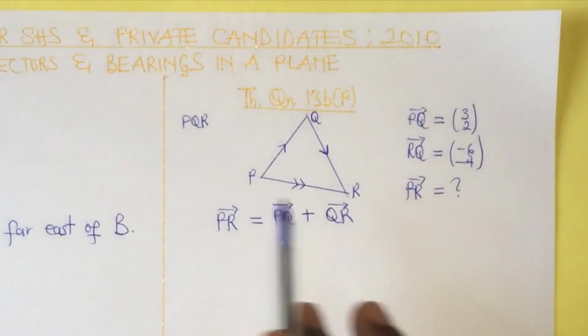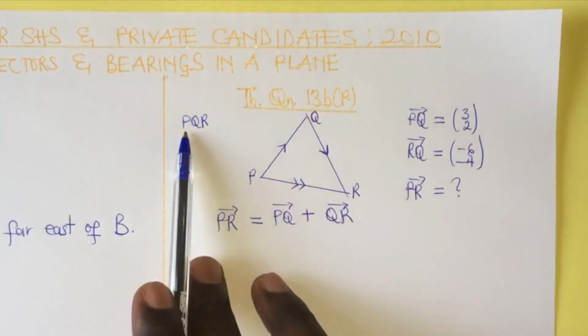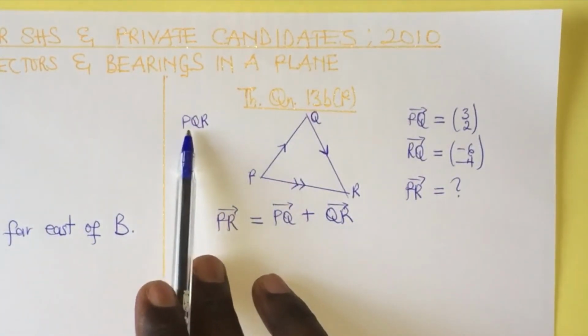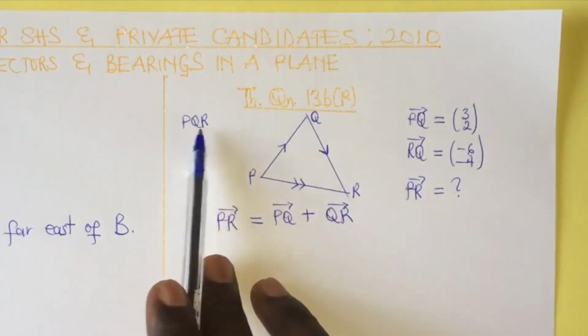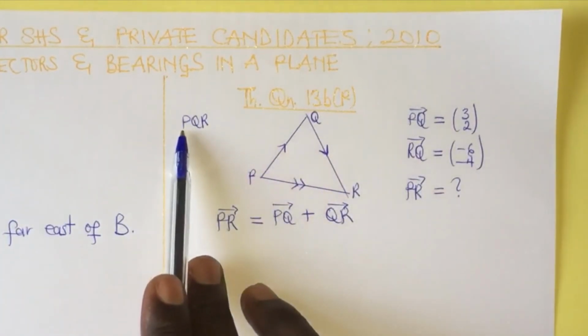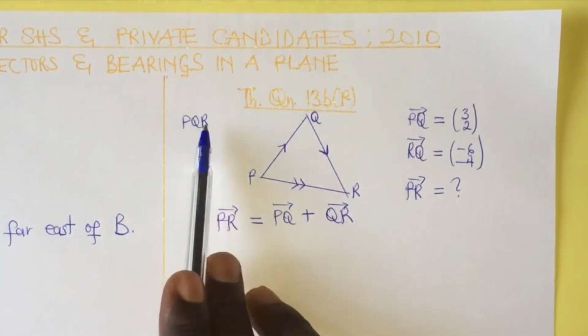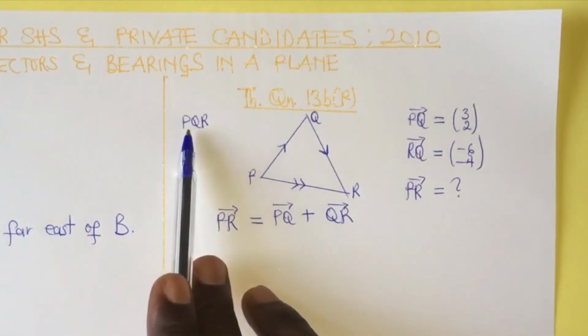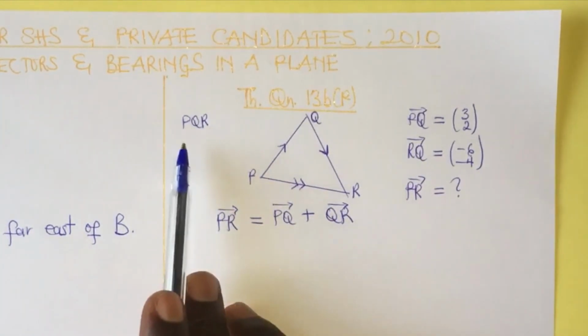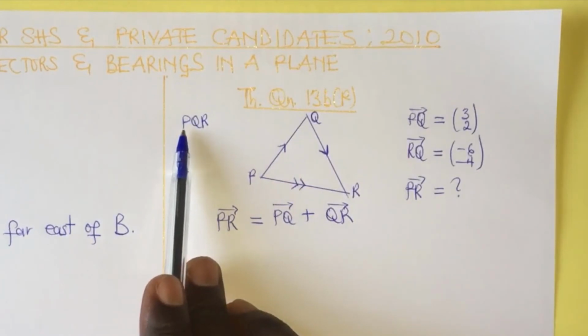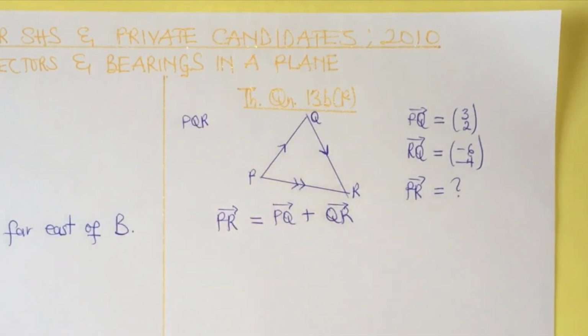So if you don't have the triangle and you have letters making up a triangle, PQR, ABC, and so forth, the first point and the last point will be your resultant. So PR is equal to then the vector PQ, the first two, plus the vector QR.